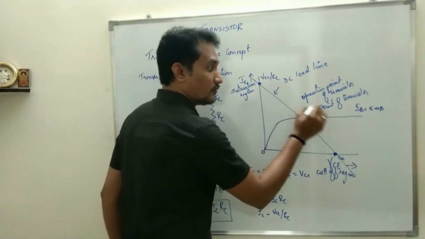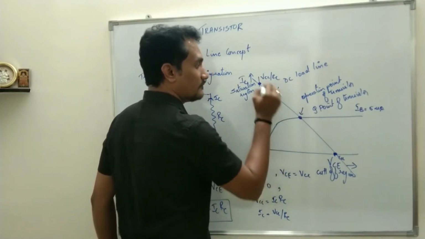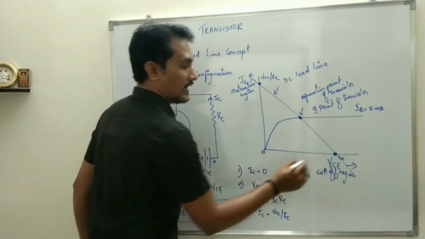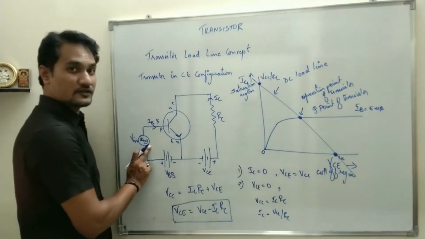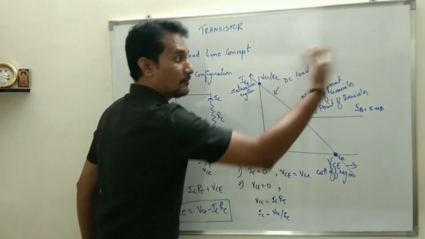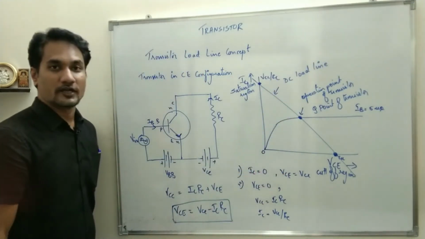The Q point or the operating point of the transistor should be exactly between saturation and cutoff, because the input signal which we are going to apply, which has to be amplified by the transistor, has to be applied to the operating point of the transistor.